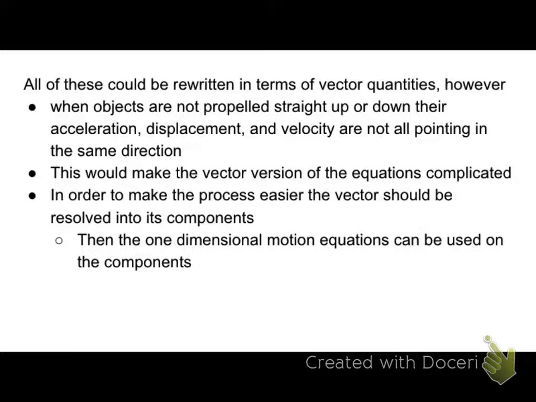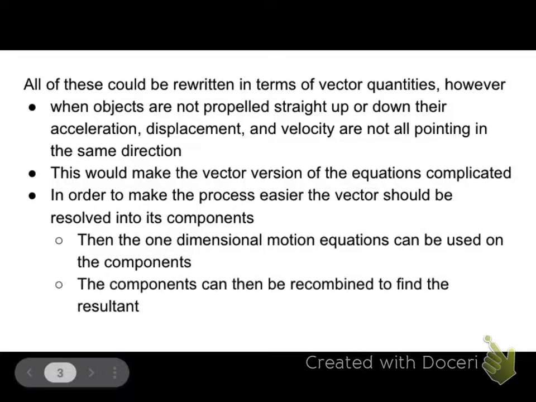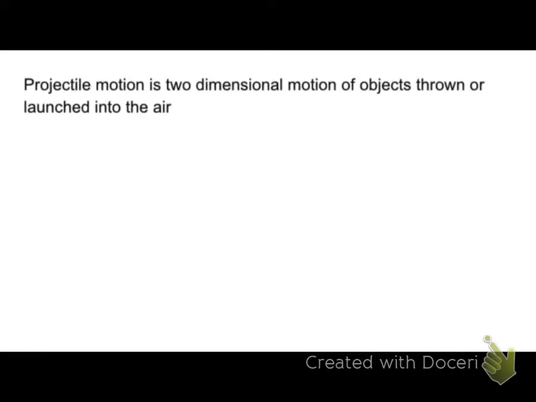And when we have done so, we can then take the components that we get at the end and recombine them to get our new resultant, rather than trying to put the resultant through the equation. So, let's take a look at what this might look like.